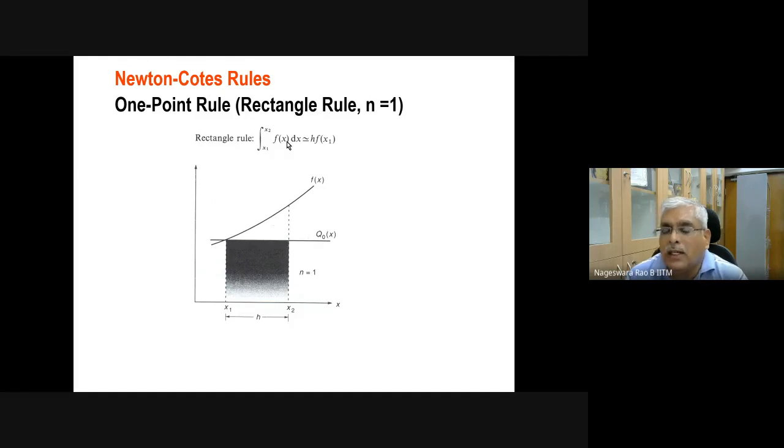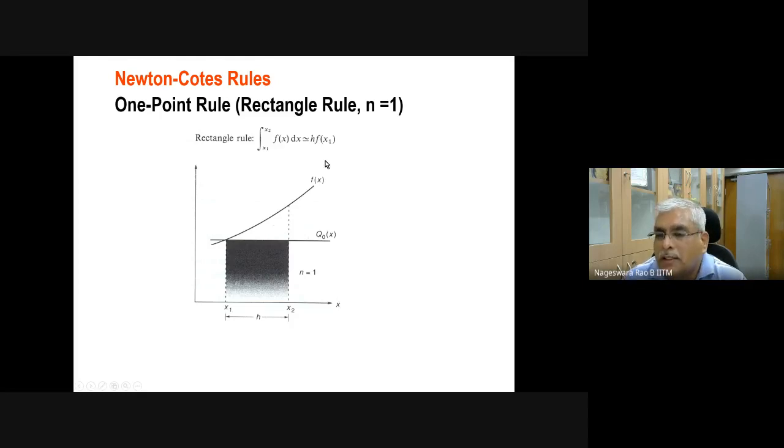So that is the reason we are adopting these kinds of approximate techniques. If the function becomes complicated, the time required to evaluate it also increases. In this rectangle rule, I am evaluating this function at only 1 point.